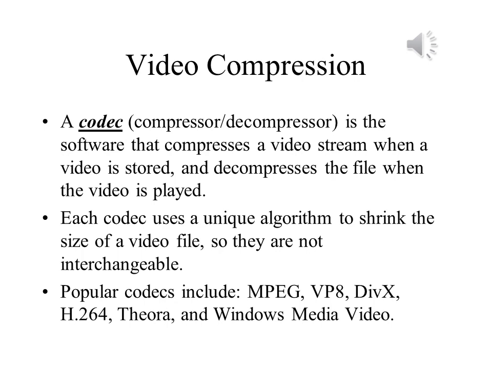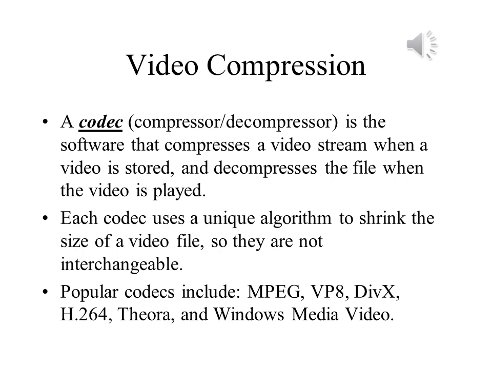A compressor will create a compressed version of a video file when the video is stored, and when the video is played, it will decompress it. Each codec has its own algorithm to shrink the size of a video file, and of course, its own algorithm for expanding it again so it can be played. Given their different algorithms, codecs are not interchangeable.